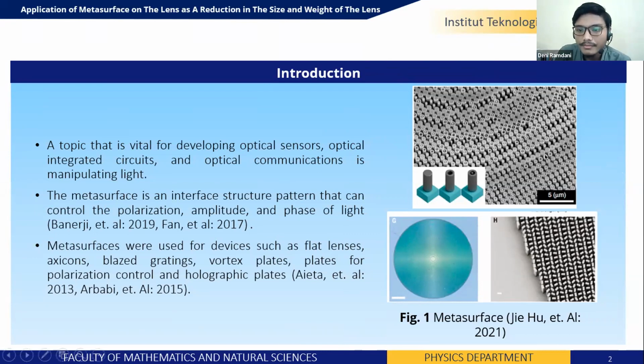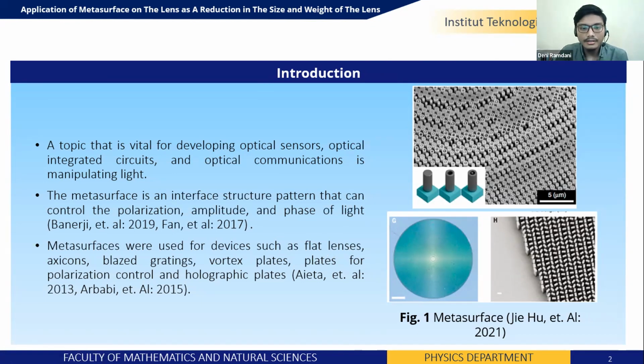You can see in the figure, there is a tiny structure on the surface. For example, there are tiny pillars on the surface. The metasurface is fabricated at micro or nanoscale.